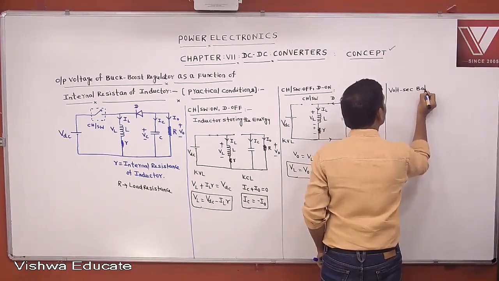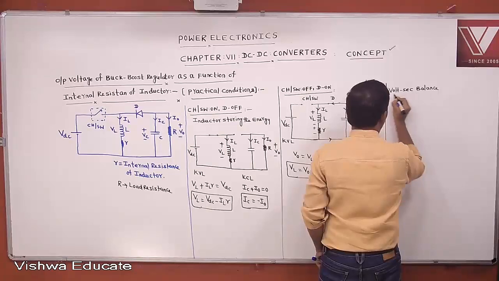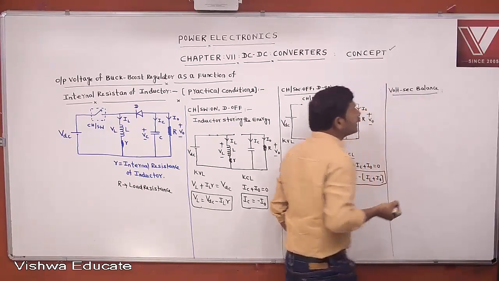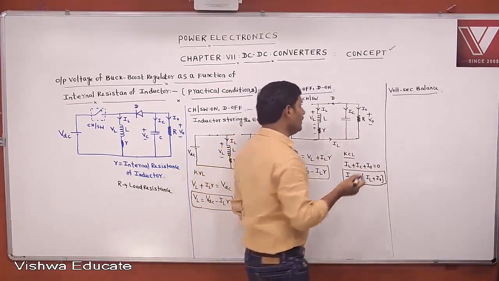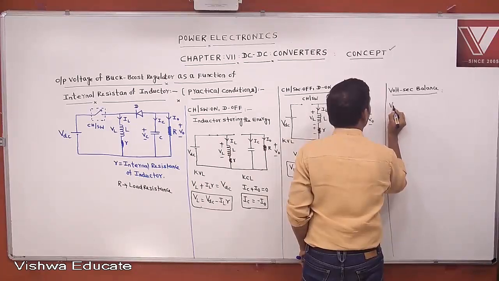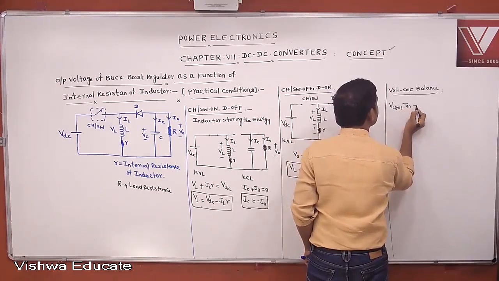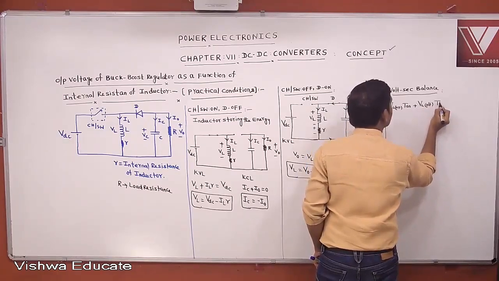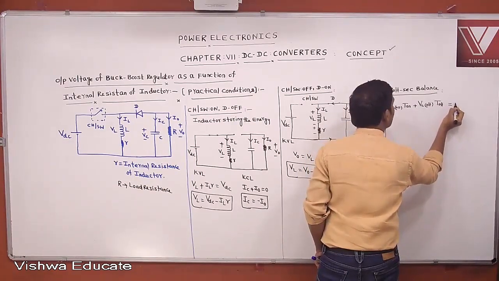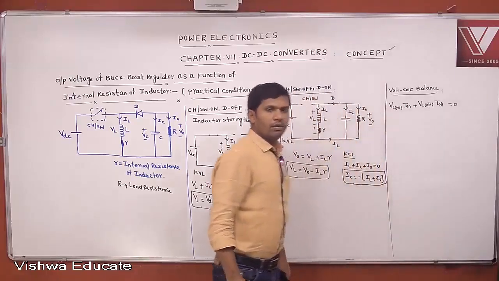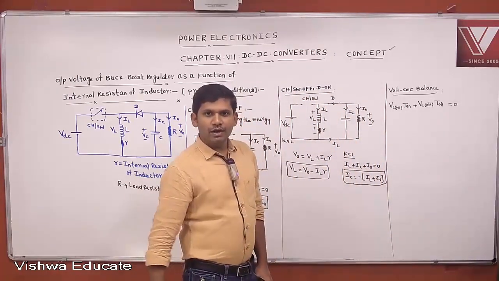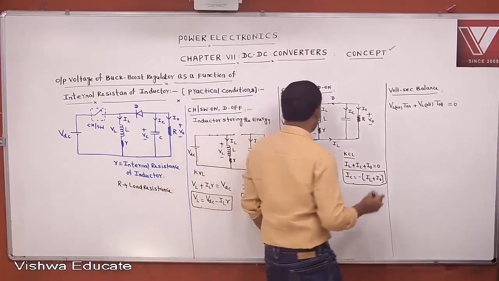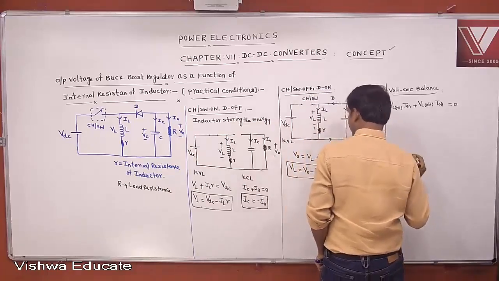According to the volt second balance, how can we write it? VL on into T on plus VL off into T off is equal to 0. What is the on state voltage?